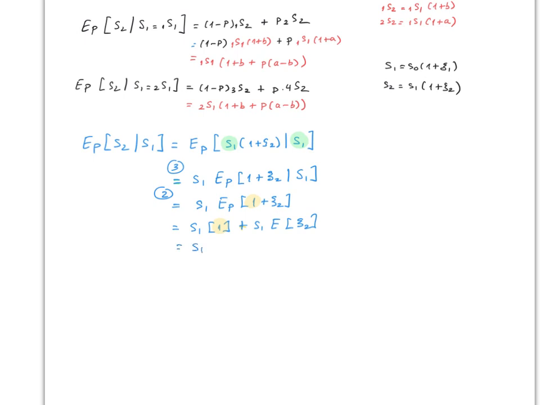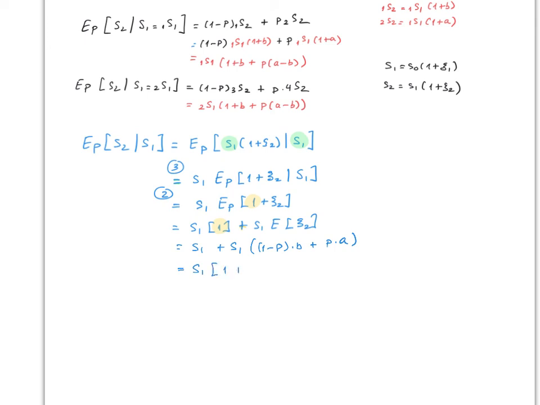So therefore this will be equal to S1 plus S1 times the expected value of C2, which is 1 minus P times B if it goes up, plus P times A if it goes down. The exact same thing we did before. So then you can factor S1.